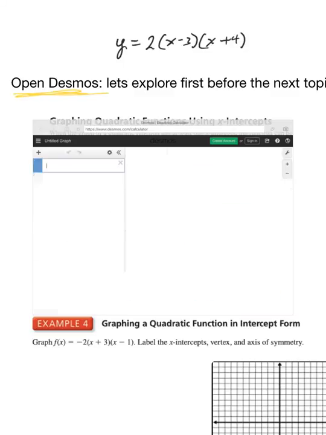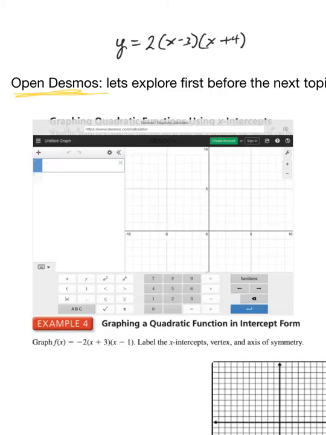So I'm going to put it in y equals 2 parentheses x minus 3, and then another set of parentheses. Oops, I don't think it's going to want me to do that. Let me move over, x plus 4. Now you do not need to do this, just watch me.